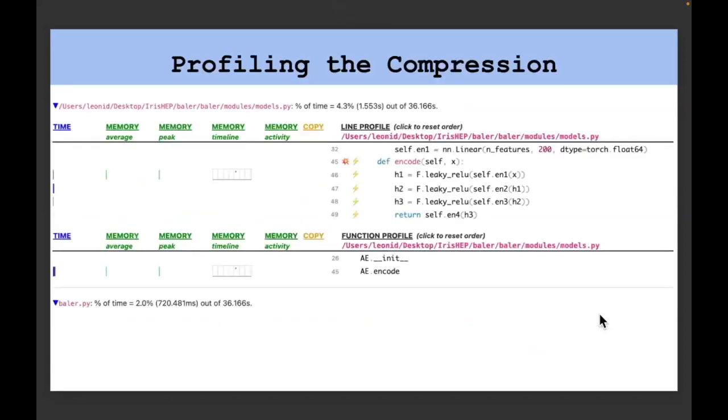Also, while passing through the networks, it consumes not that much memory, and it's not expensive at all.